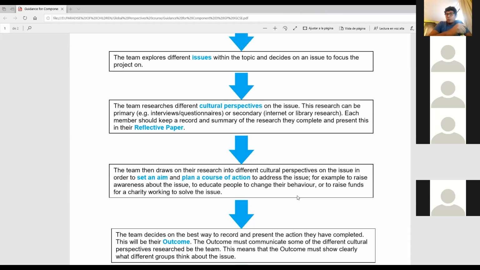So remember how to explore the different cultural perspectives. Maybe a national perspective, maybe a local perspective or personal perspectives. At first, to be able to plan a course of action, we need to explore different perspectives. Remember that a national perspective is not one where we ask each one of the people in a country or give a survey to everyone.